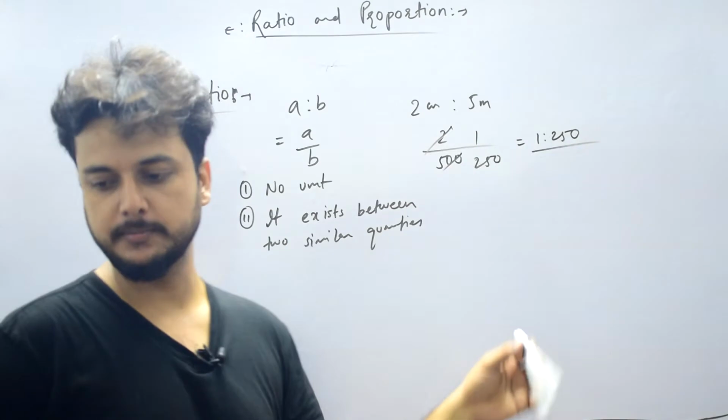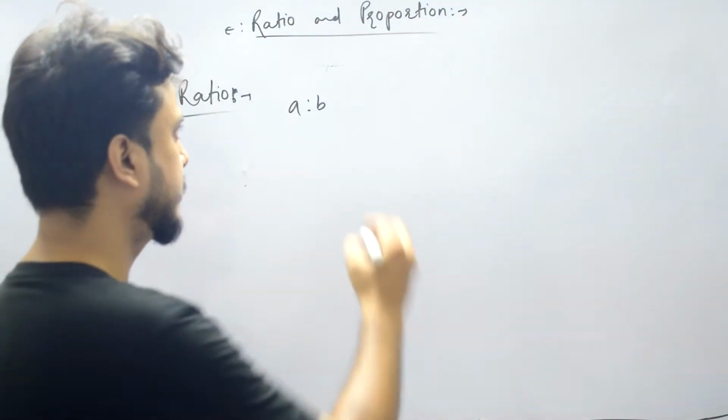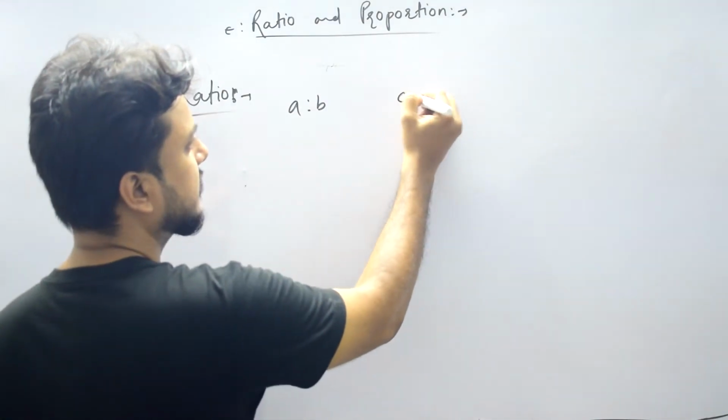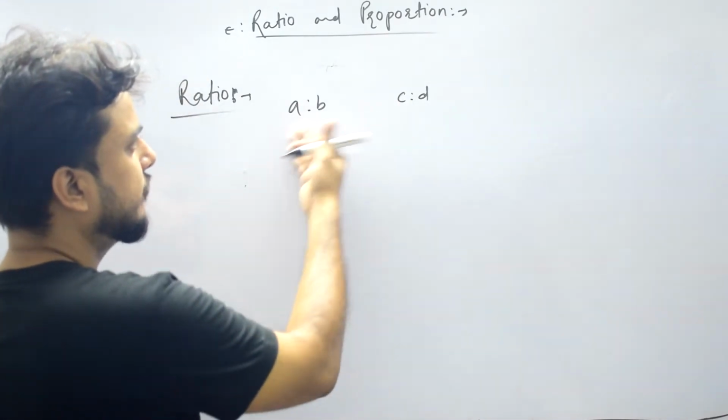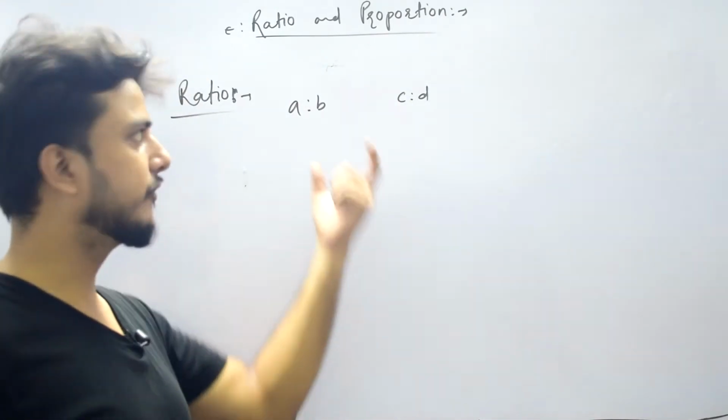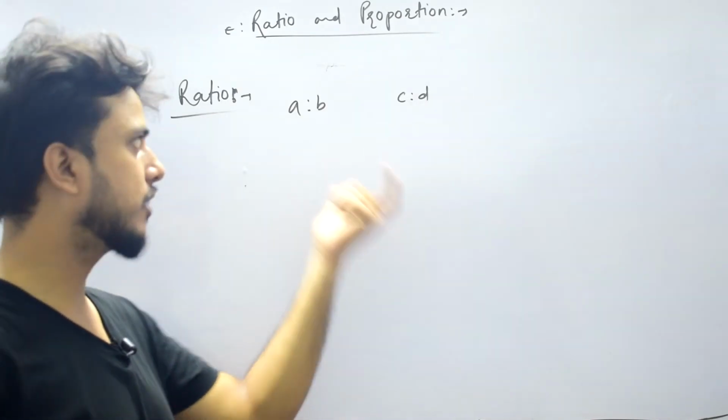Understood? Now suppose we have two ratios, A is to B and C is to D. If I ask which of these ratios is greater, how will I find out?